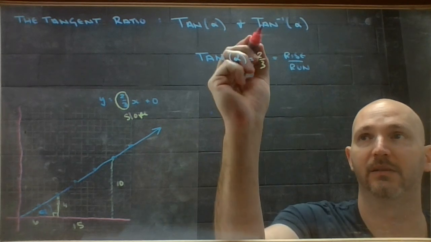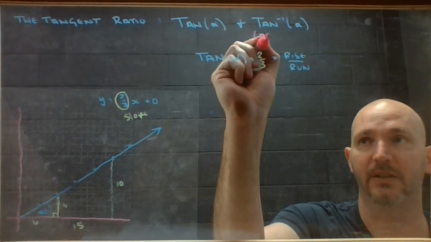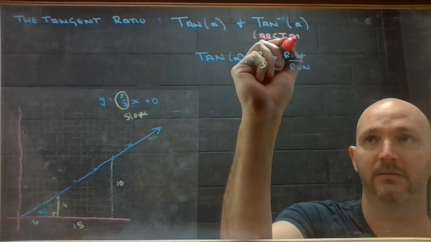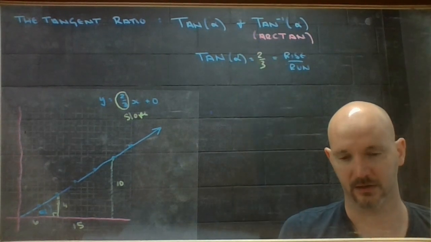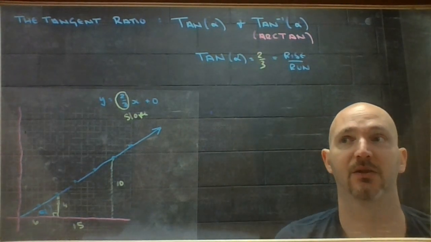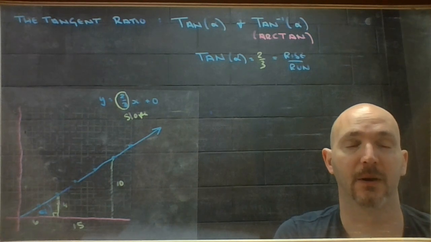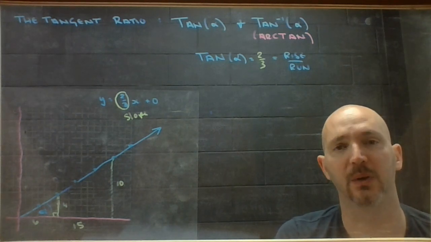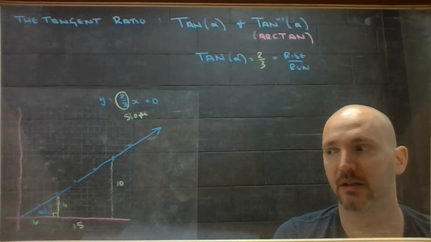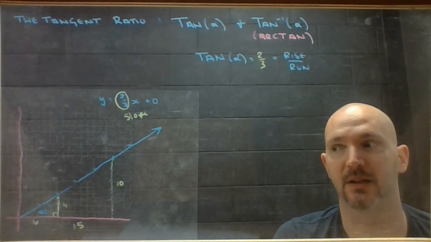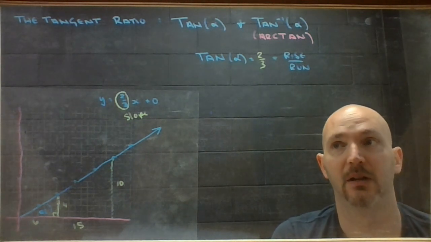That thing is called arctan. And it's the anti-function to the tangent ratio, the same way that square rooting is the anti-function to squaring, and that division is the anti-function for multiplication.